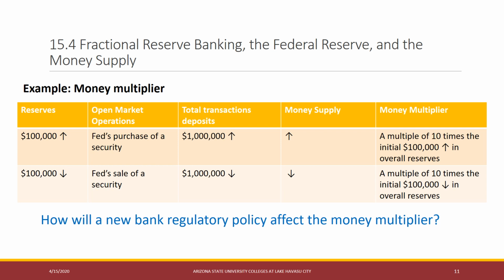The money multiplier gives the change in the money supply due to a change in reserves. When the reserves increase, the money supply increases. When reserves decrease, the money supply decreases. And in this example, the value of the money multiplier is 10. Write on the discussion board: how will a new regulatory policy affect the money multiplier?